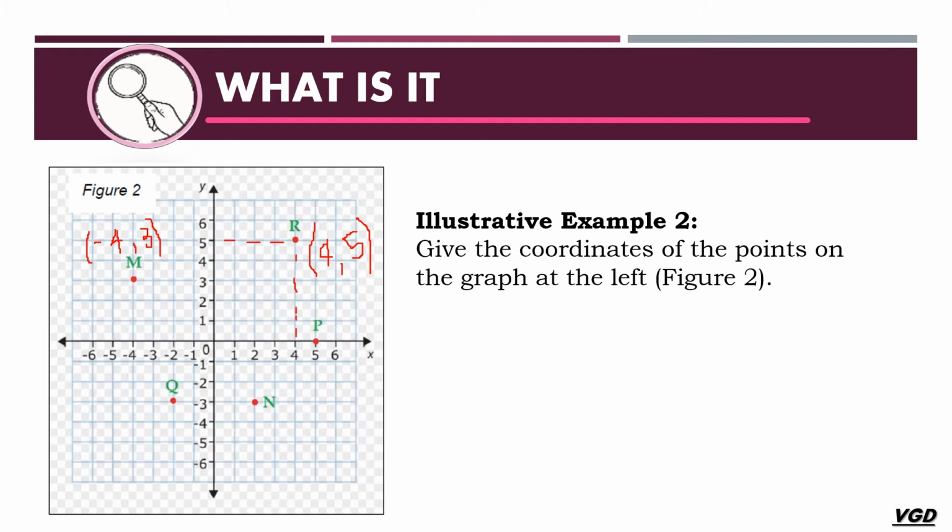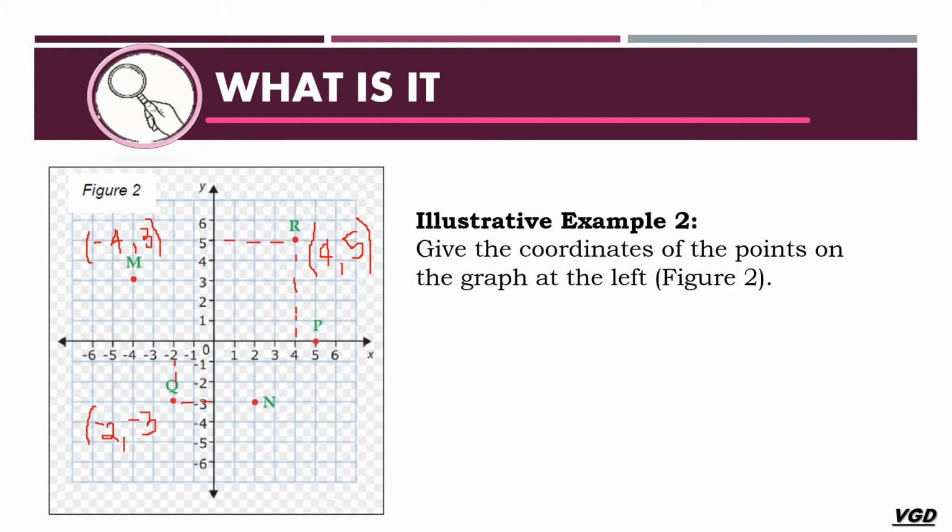Now let's move on to Q, the point Q. Again, create an imaginary line. For point Q, our x value lies on -2, and our y value lies on -3.